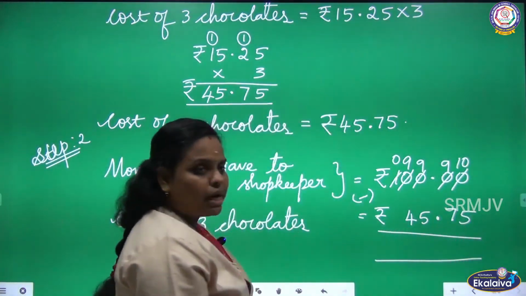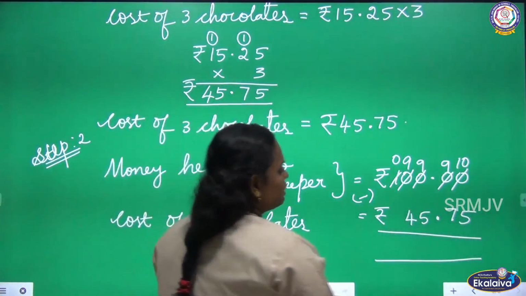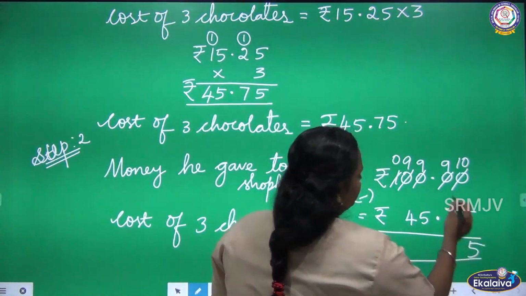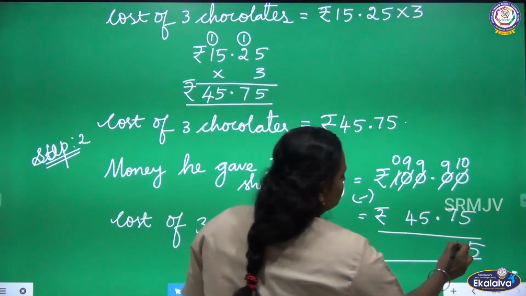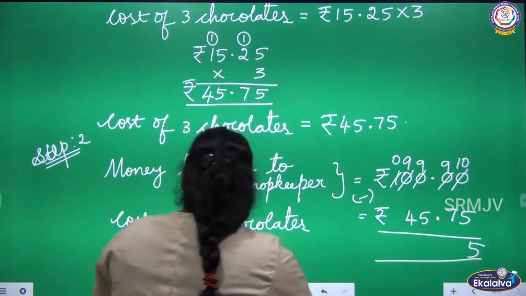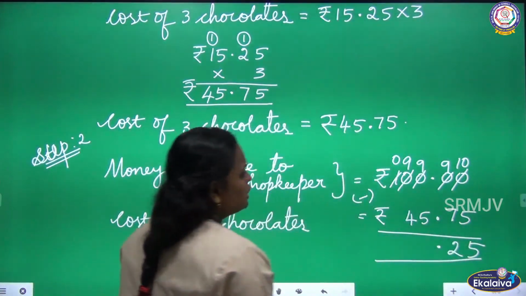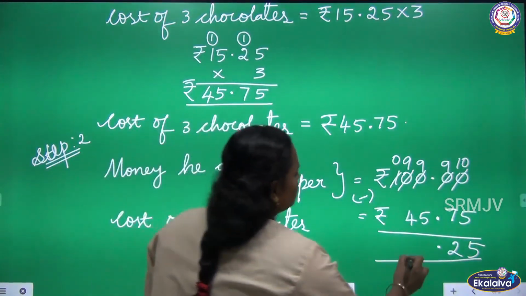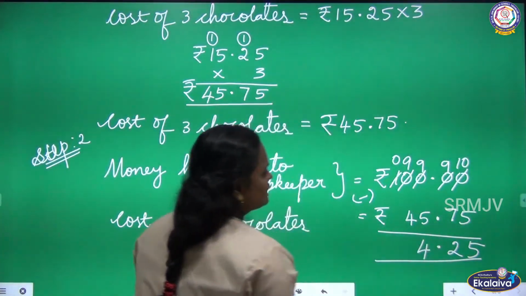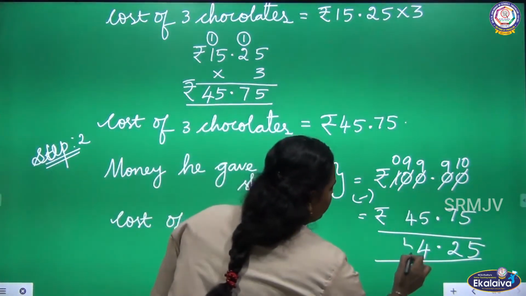So what is 10 minus 5 is? 10 minus 5 is 5, then 9 minus 7 is 2, so put the dot, next 9 minus 5 is 4. Next 9 minus 4 is 5.